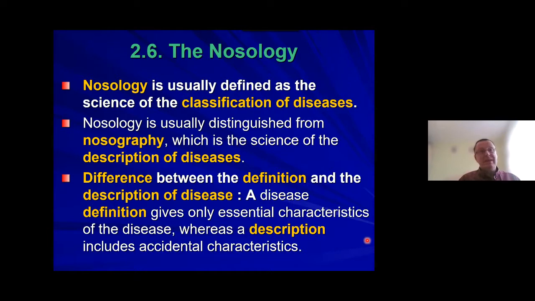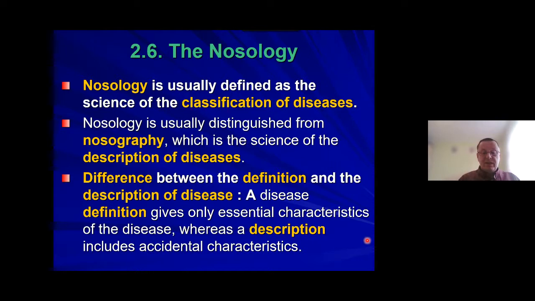That term should be known to you, and you will deal with it multiple times in your studying. I will just point out that we need to separate nosology from nosography, which is the science of description of diseases. Nosology is classification only.